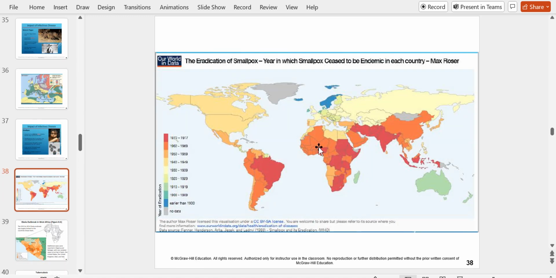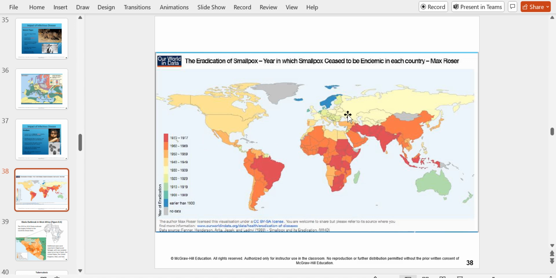And here's the eradication of smallpox, and you'll see there that there tends to be a line. You'll see here where the rich countries are okay, while the lesser countries, with less cash available, tend to suffer. It's shocking, and you'll see this kind of map many times over when you're talking global diseases.